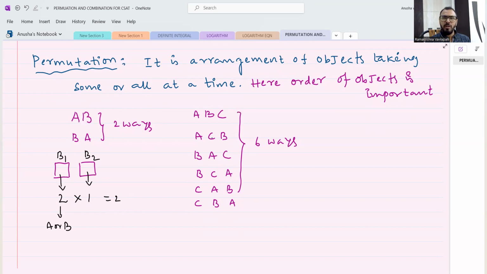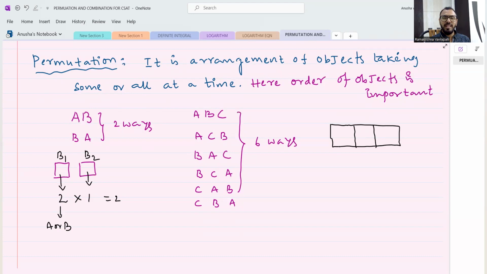Second example, I want to arrange three objects. So I have to consider three boxes. Whether you join the boxes or take them separately, it doesn't matter. Well, okay.